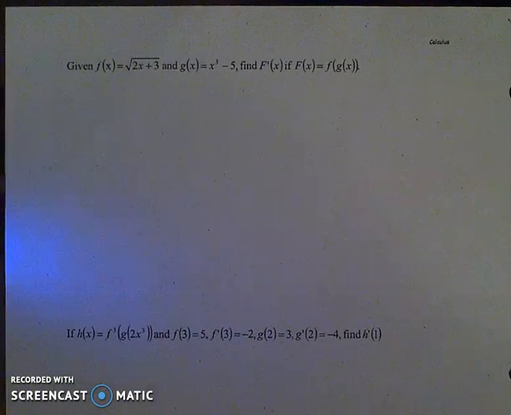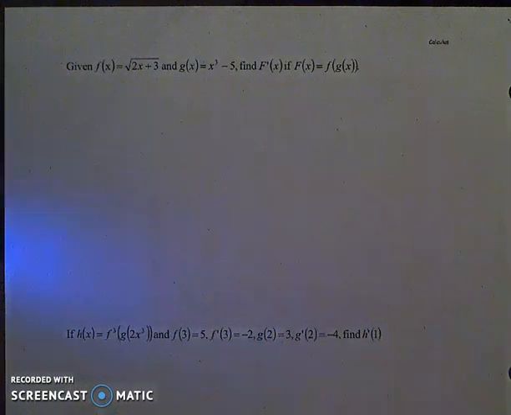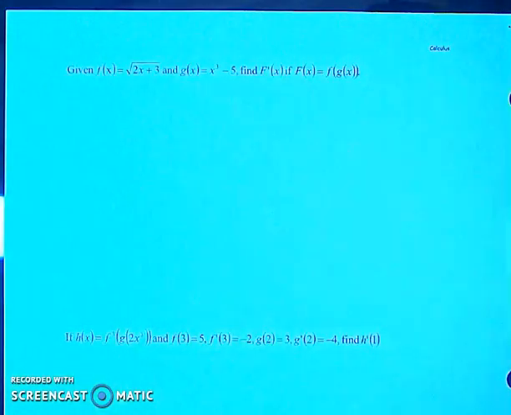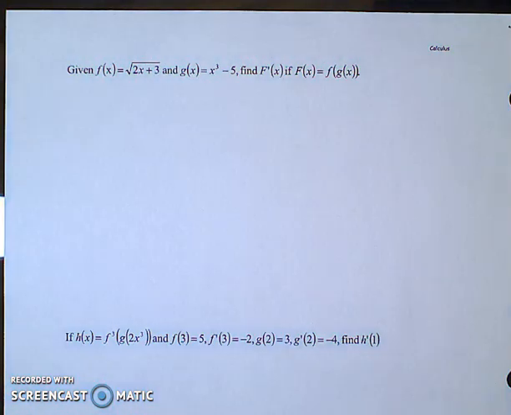So, moving on. Notice this one, it says find f prime of x given that f of x equals f of g of x.